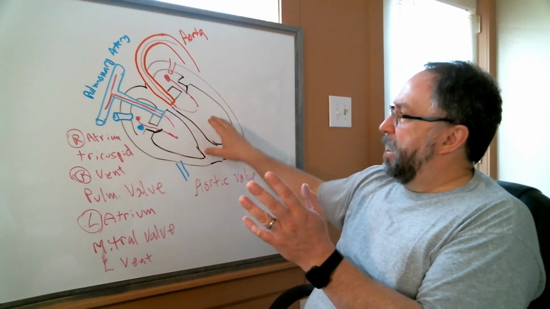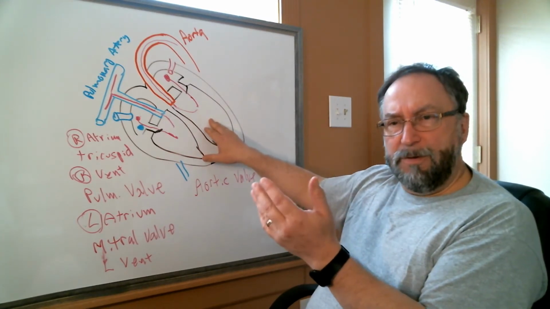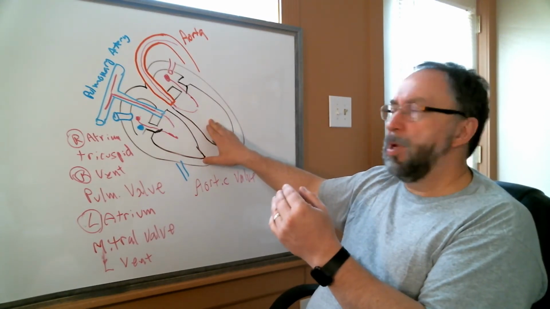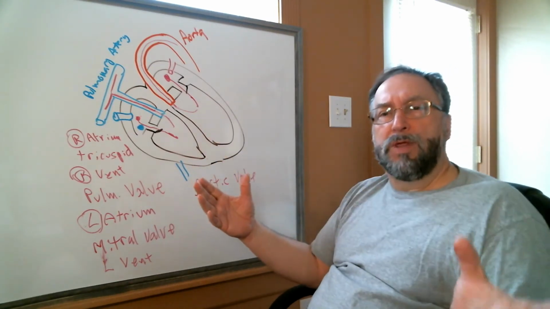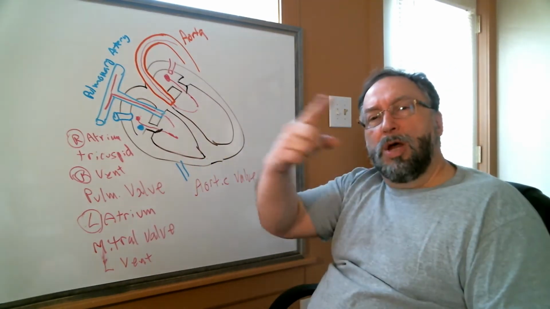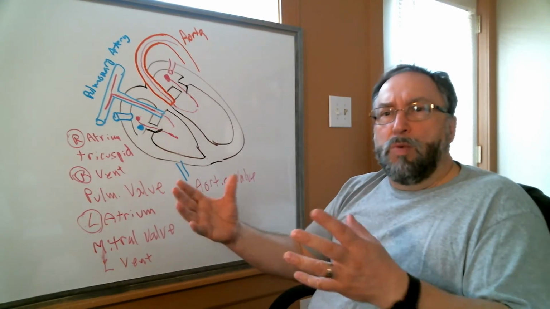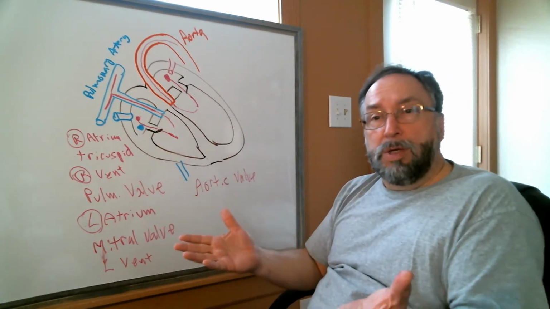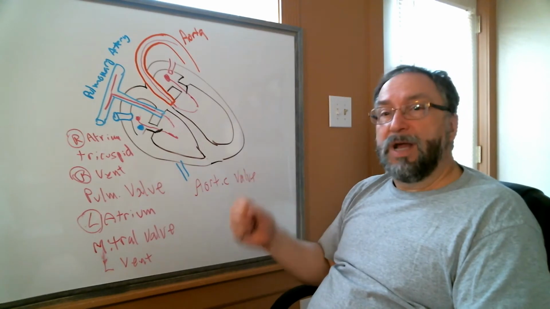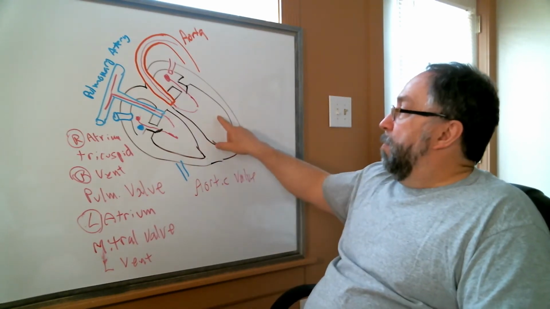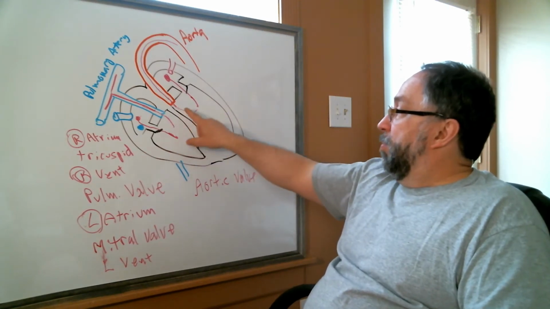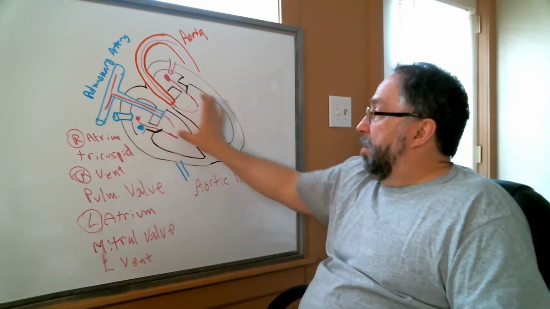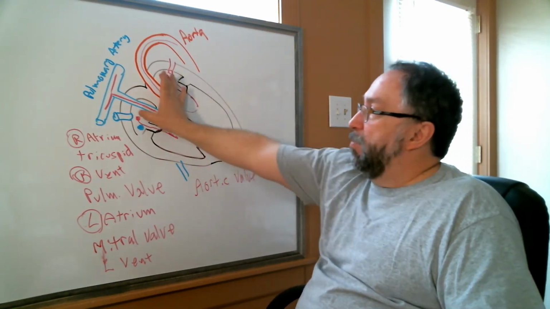So this guy here is pumping a lot further, right? So it has to pump a lot harder, right? And if you think about it, if one side pumps more than the other side, this is a closed system. It would start backing up somewhere, and I'll show you with a different diagram here in just a little bit. But right now, what we've got is a higher pressure system down here than what we have up here.